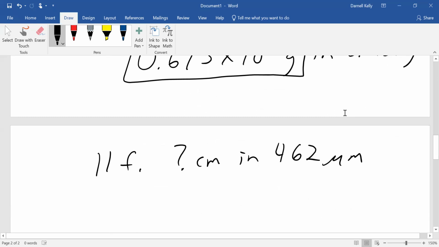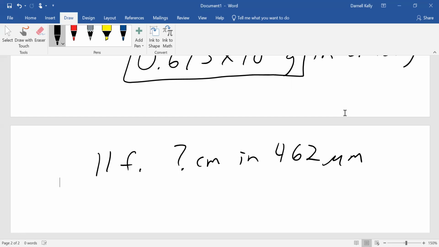And lastly, for this example here, how many centimeters in 462 micrometers? So there are 4 powers of 10 that separate the centimeter from the micrometer.